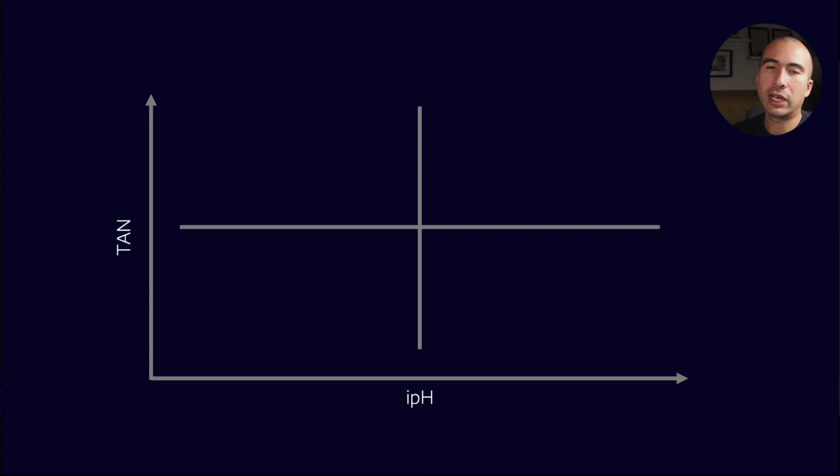So for example, if I have high TAN and low IPH, so I'm in the top left-hand corner, that means I have the presence of both strong and weak acids in my oil. On the top right, if I have high TAN but also high IPH, that means I have a lot of acids, but the concentration is low, therefore I probably have a lot of weak organic acids, probably indicative of just oxidation.